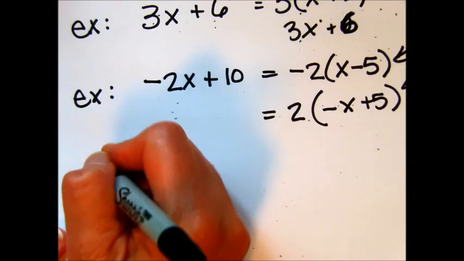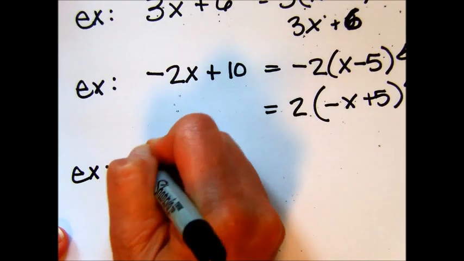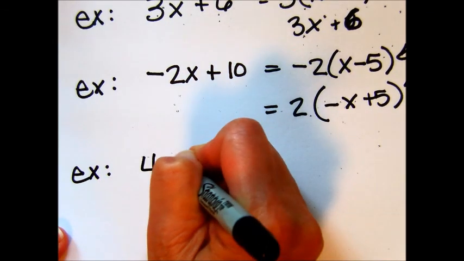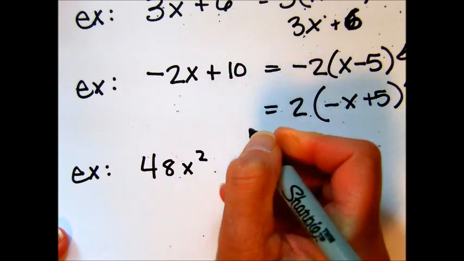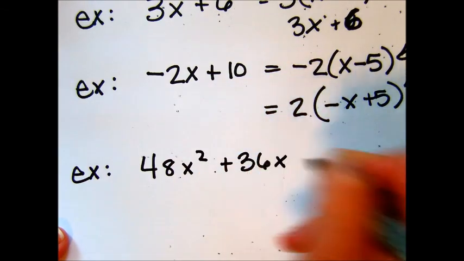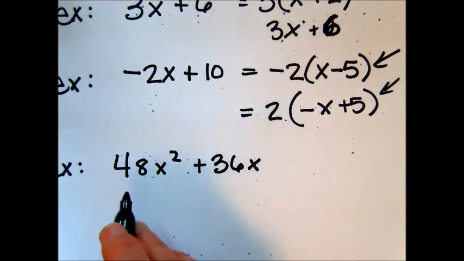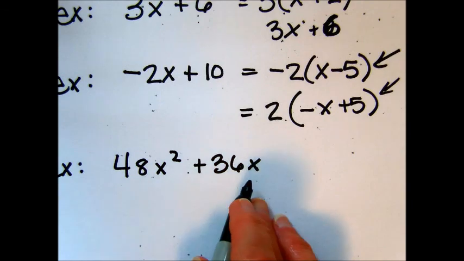I'm going to give you a challenge one here and see if you could figure it out. Say we have 48x squared plus 36x. So let's just look at the number part, and then we'll look at the variable part.